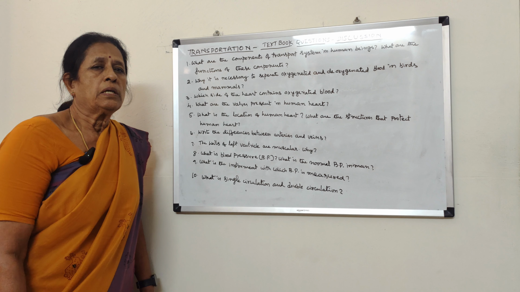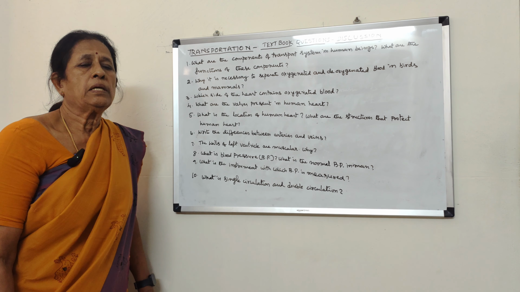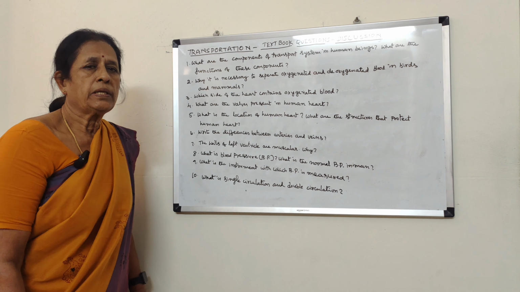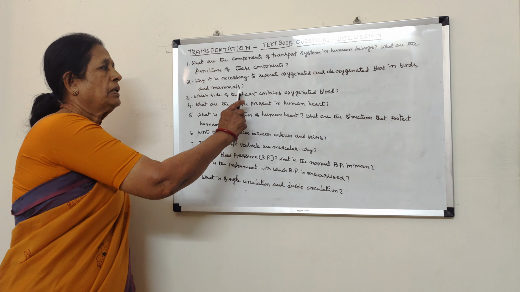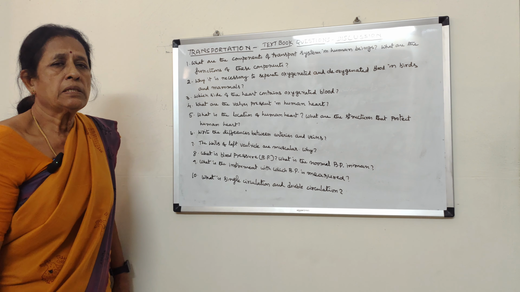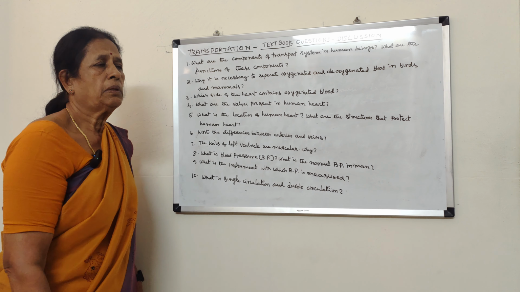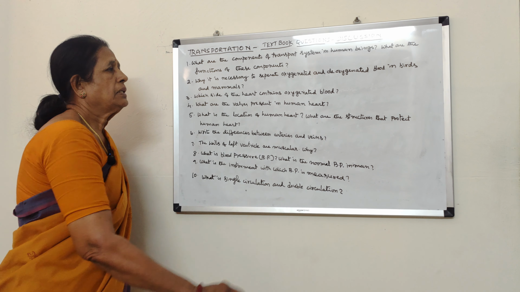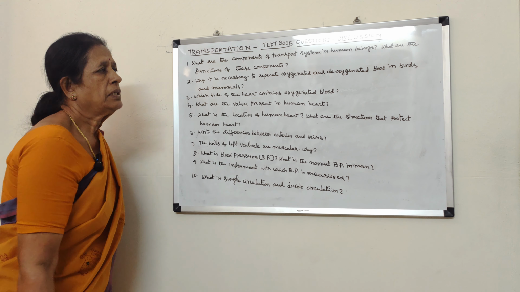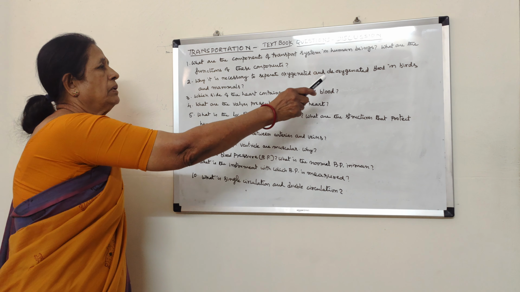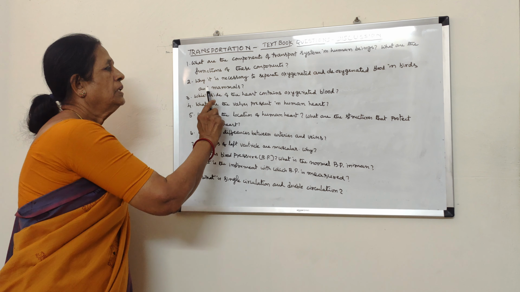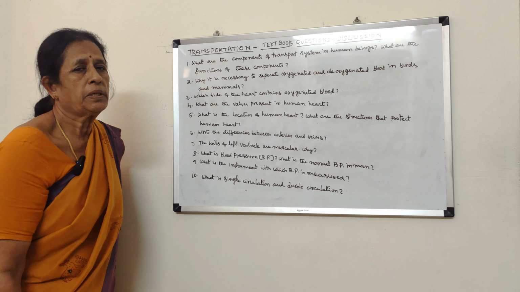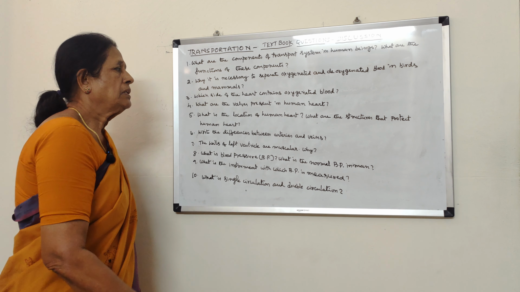Why? Because for efficient supply of oxygen to all the cells in the body, the separation is very important. So you can give the answer: efficient supply of oxygen to all the cells. Complete separation of oxygenated and deoxygenated blood has taken place in highly evolved organisms like birds and mammals.